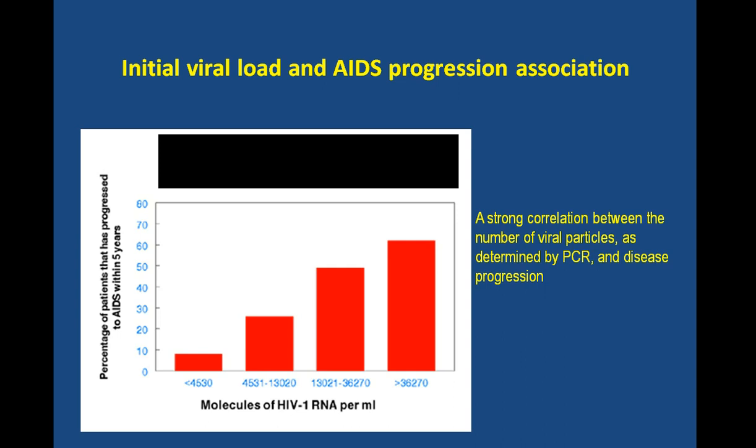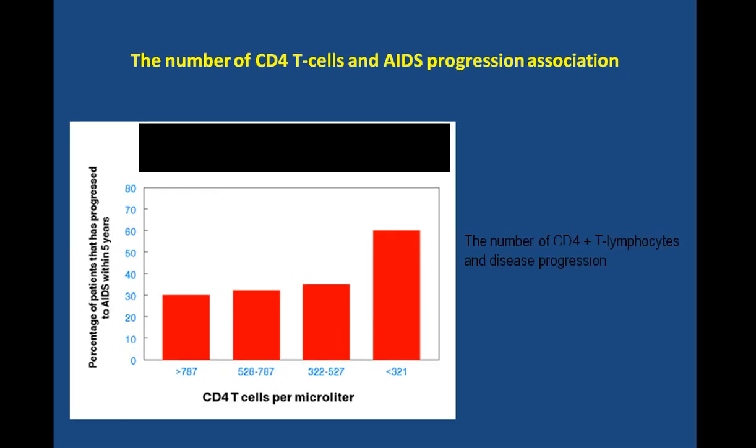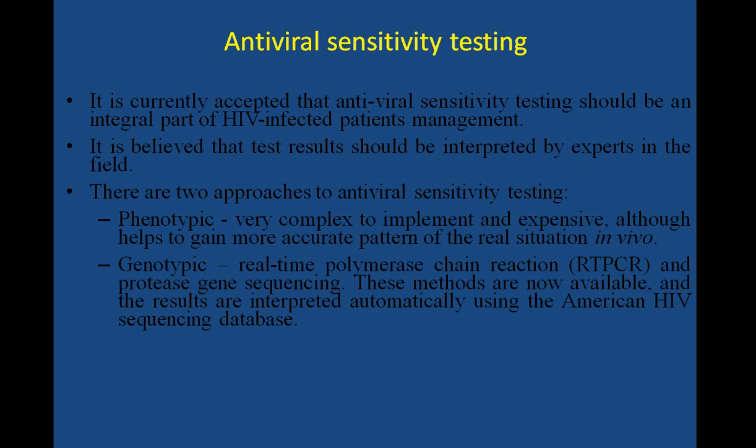The initial viral load and median viral association are also rather strong. In this picture you will see the number of CD4 cells and AIDS progression association, so you see the connection between the number of CD4 lymphocytes and disease progression.